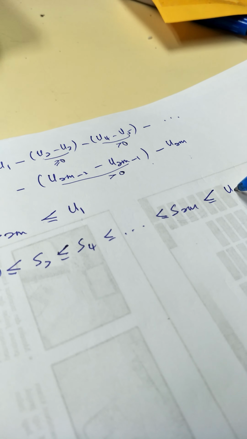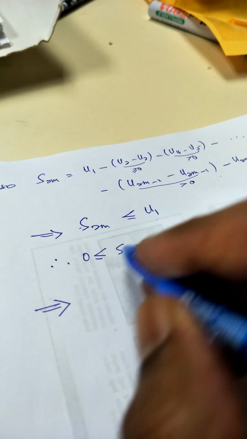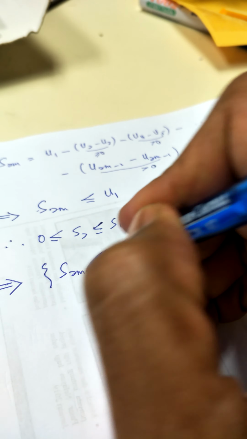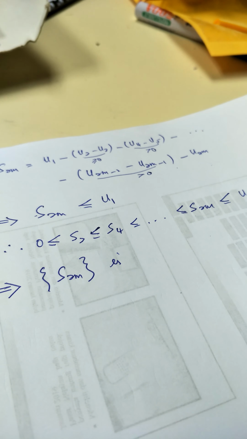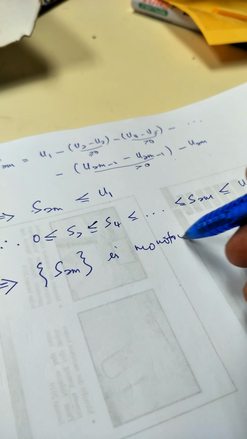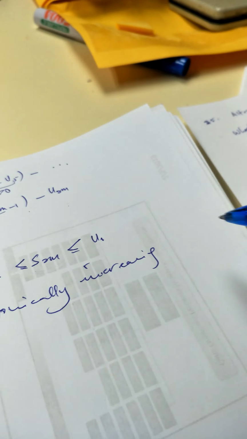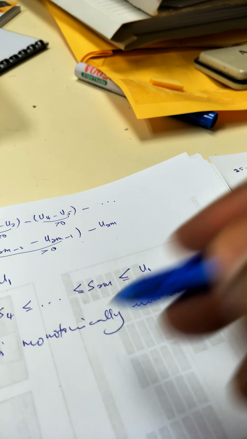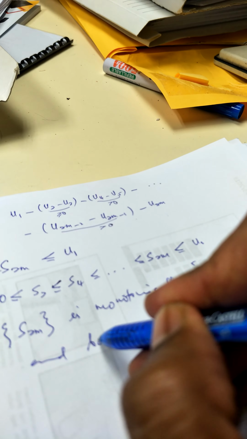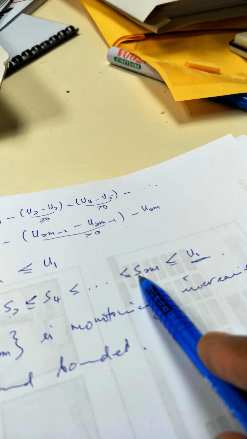So from that relation, the sequence of partial sums S2m is a monotonically increasing sequence and bounded. Why bounded? Because it is less than some number here. Increasing and bounded.